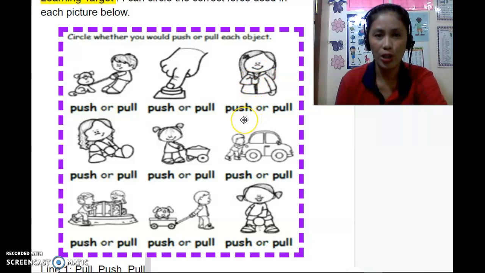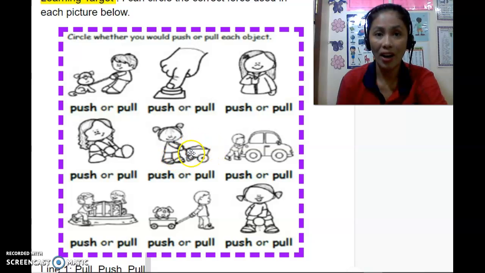Is she going to push or pull it? Yes, she is going to pull. Very good. How about this girl? She is trying to put her socks on. Is she going to push the socks or pull the socks? Pull. Very good.